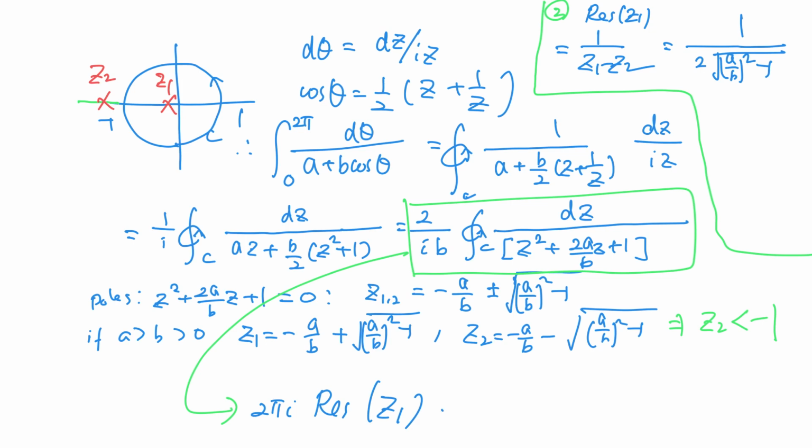So it becomes 2 pi i times 2 over ib times 1 over 2 times the square root of a over b squared minus 1. This i cancels, this cancels, and it becomes 2 pi over the square root of a squared minus b squared.